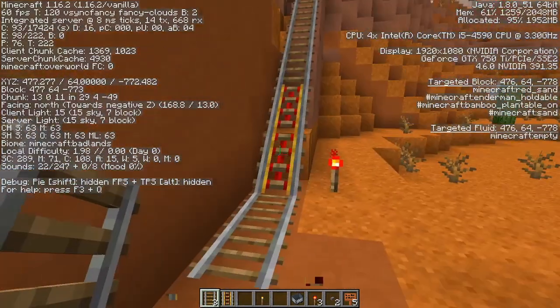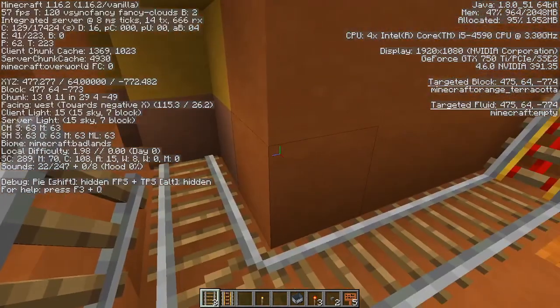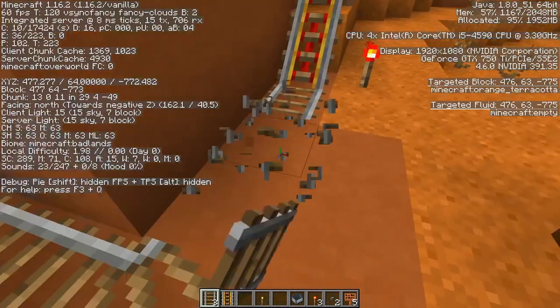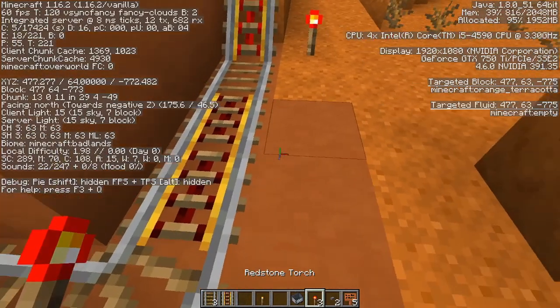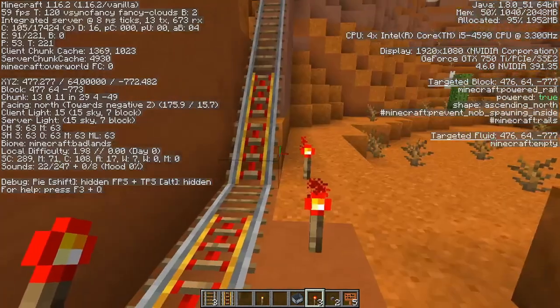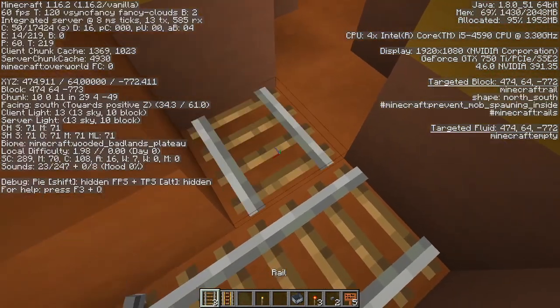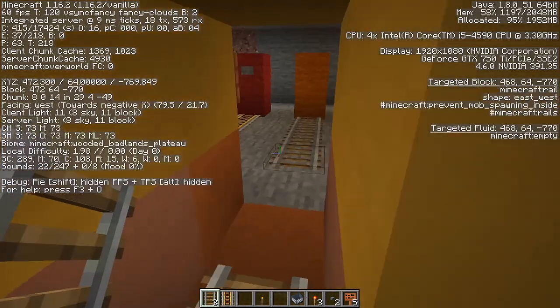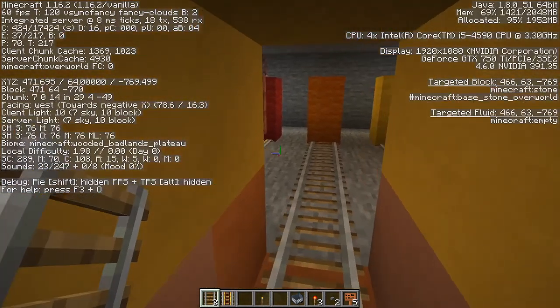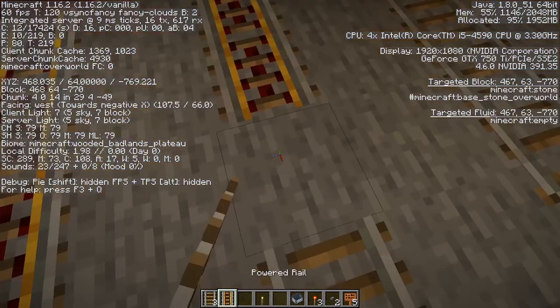So we're going to have to move the powered rails here. Okay, and I'm powering the rails with redstone torches today for a change. There we go. All right, let's add some boosting power here.